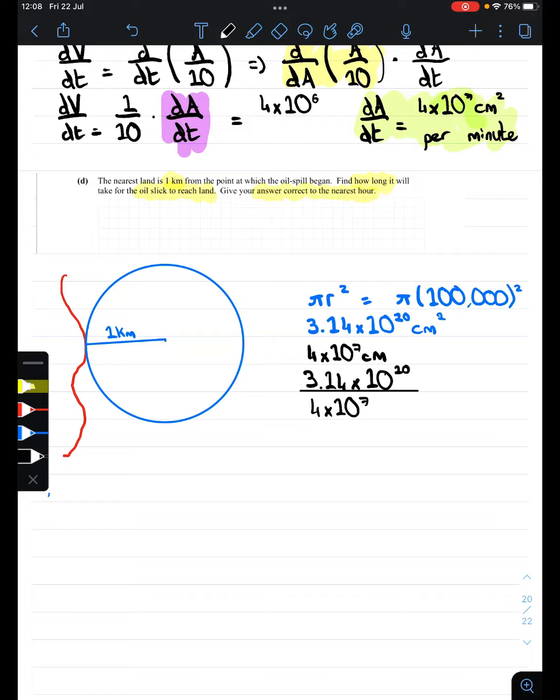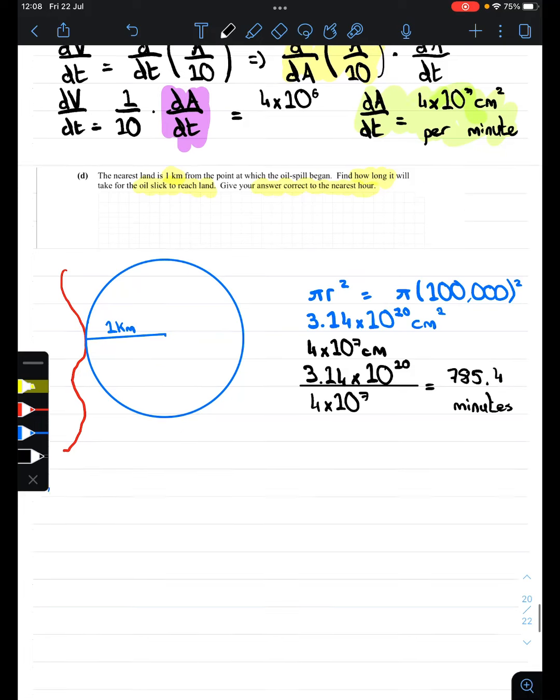If we divide this, we get exactly 250 pi, which is just 785.4. And this is the amount of minutes it takes.